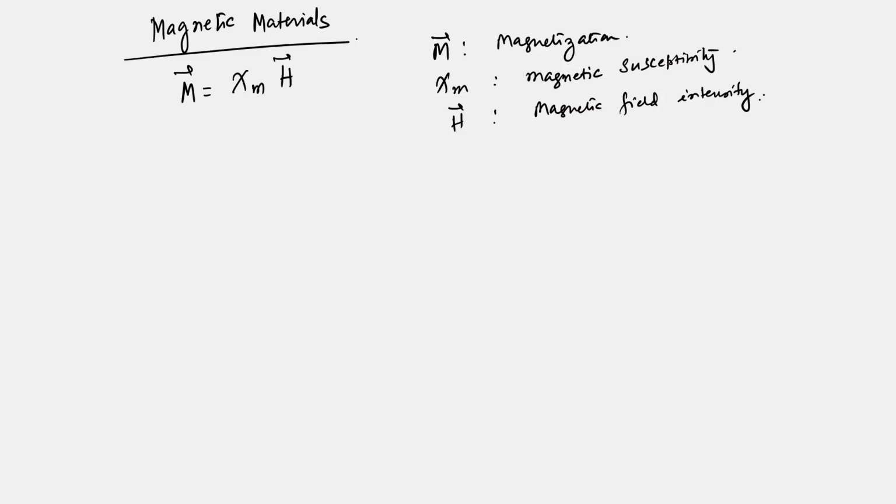So, we are no longer talking about vacuum, we are talking about magnetic materials, where the magnetization is represented by this. And where does this magnetization come from?